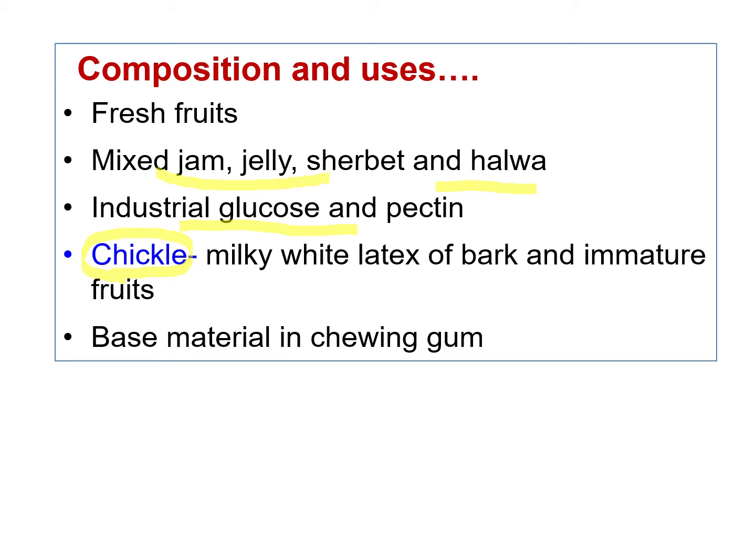Chicle is the milky white latex of bark and immature fruits. The milky white latex from the bark and immature fruits is termed as chicle, and this chicle is used as a base material in chewing gum and also in the production of statues. That means small shaped statues are prepared using this chicle.